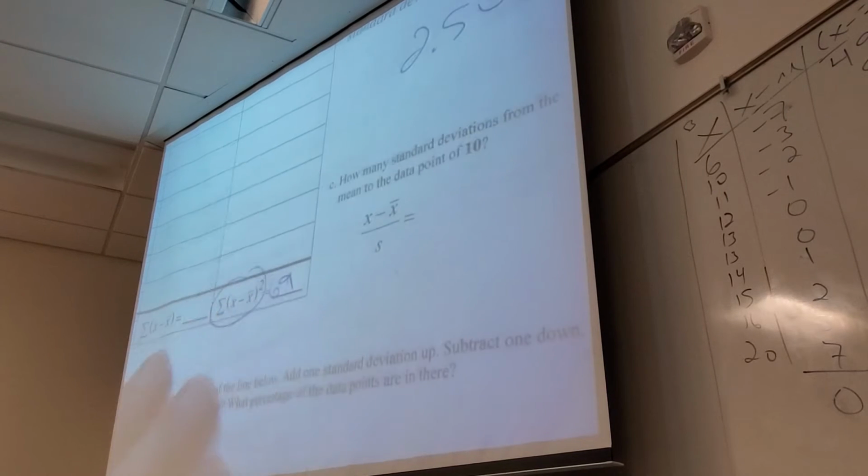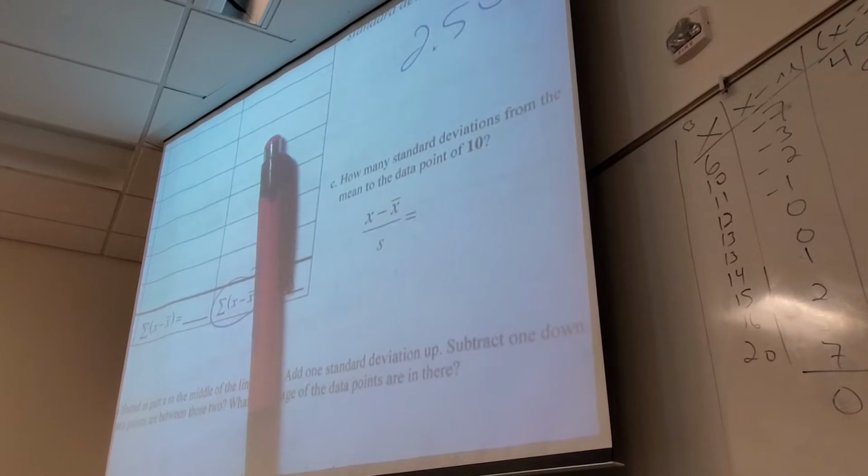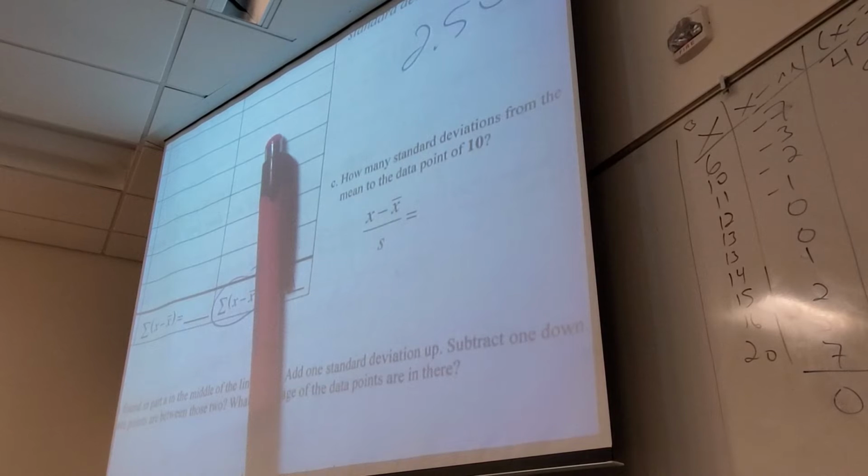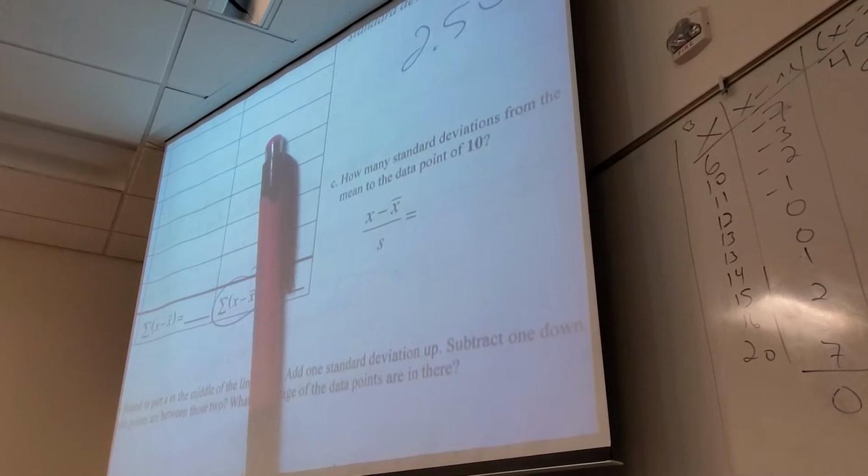Now, here's something a little bit new that I just threw at you. Watch. This formula makes almost too much sense once you see what it is all about. When I'm talking about standard deviation, I will often use the word steps.